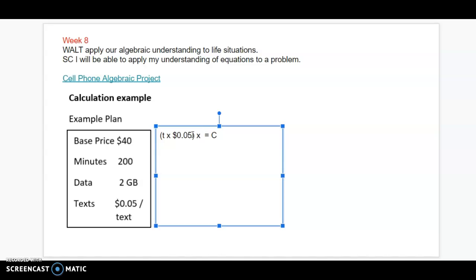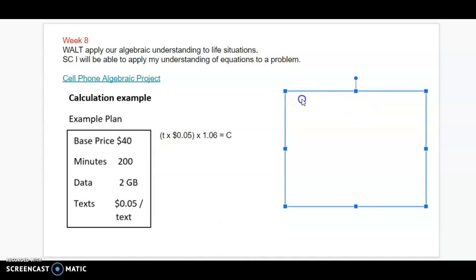Because I want to add the tax onto the total, I'm going to go 1.06. What this does is it adds the cost or the total of this plus the 6% to give me a whole amount. I'll show you what I mean. In New Zealand, we pay 15% tax, goods and services tax.